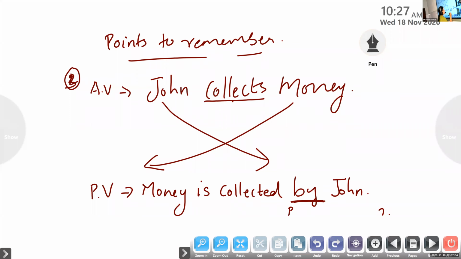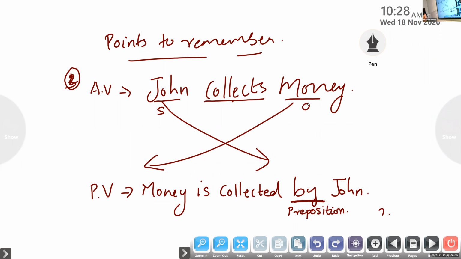And here you write preposition. This is your third description. Write the same example. John collects money. If you want, you can write S here, O here, underline by and write preposition.